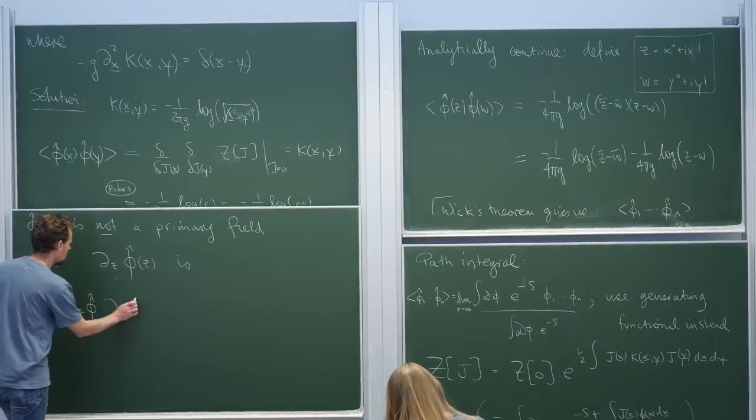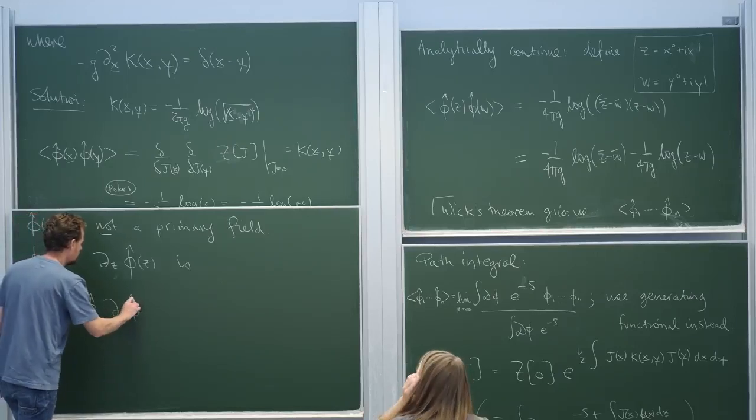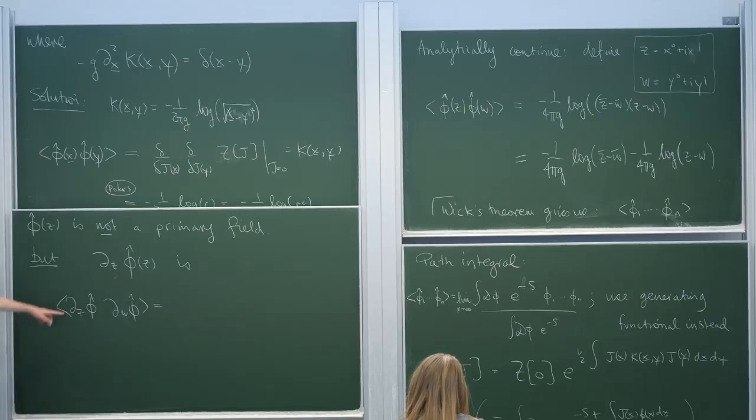So if you try and work out the two-point function of this local observable here, you do get something perfectly consistent now with conformal invariance.